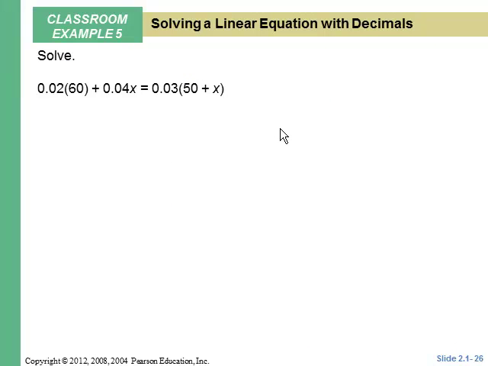Okay. Hey, when we have decimals, we can clear the decimal by multiplying everything by how many decimal places the least one has.